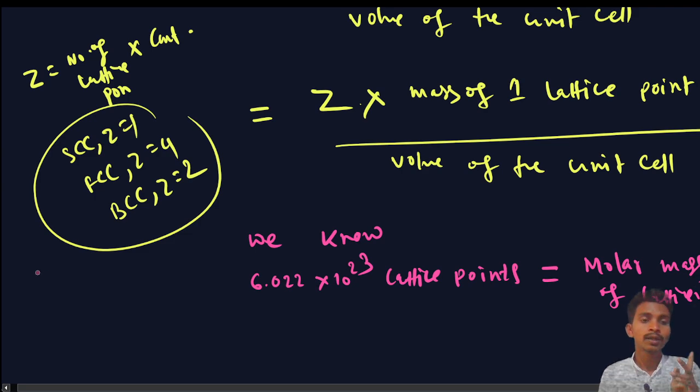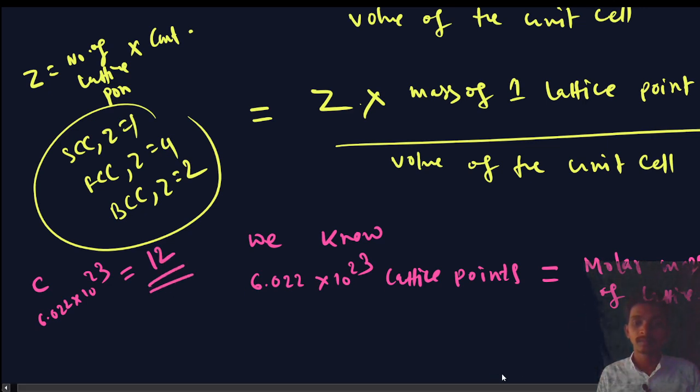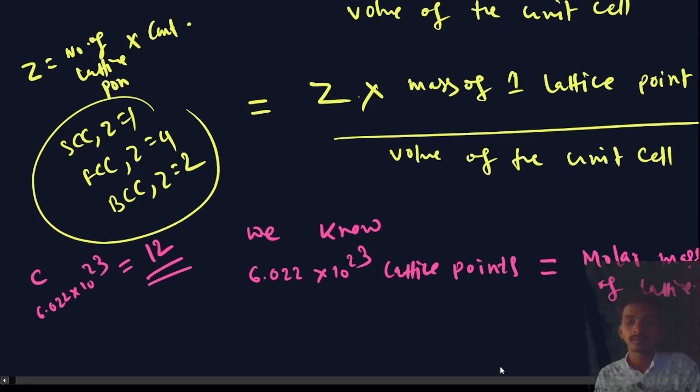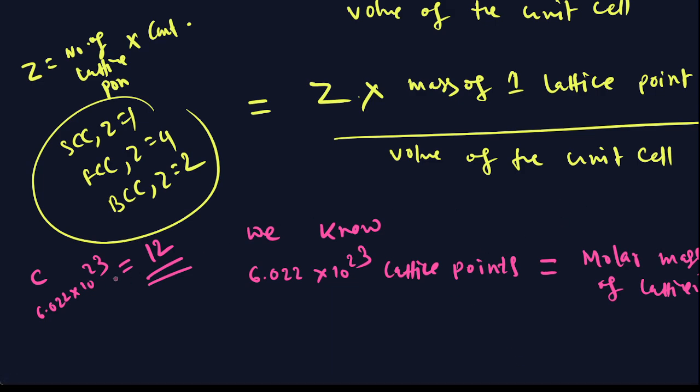Okay, because let's say if it is carbon, 6.022 into 10 to the 23 carbon atoms has the mass equal to the molar mass, that is 12.